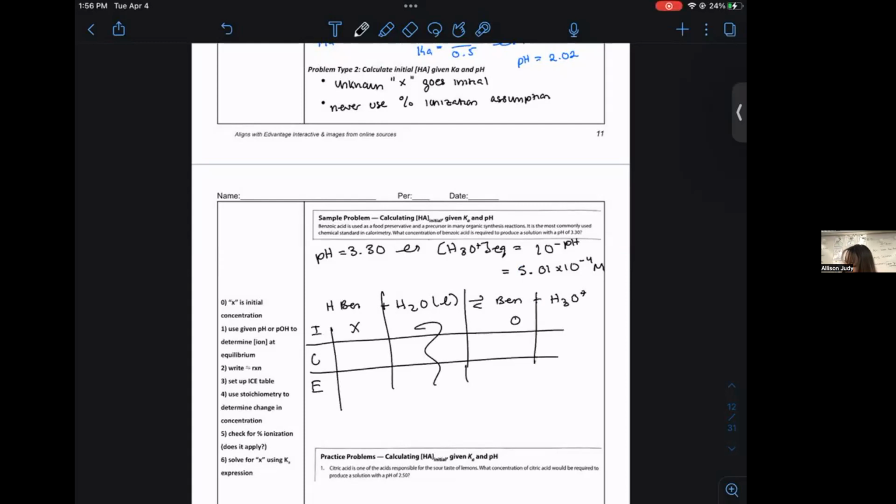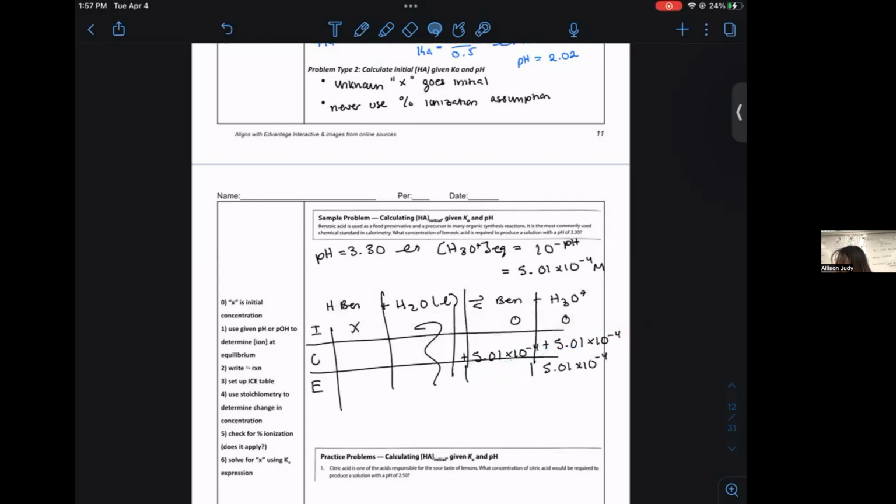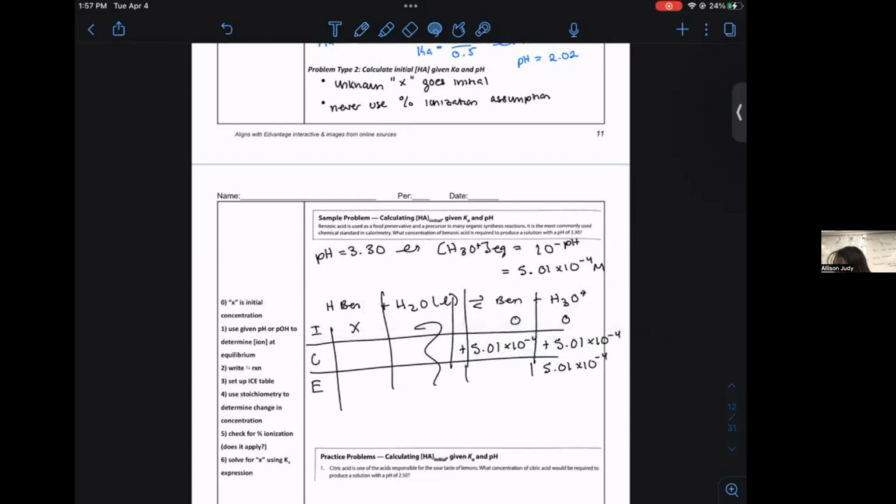Obviously the products start at 0 and 0. I don't really know much else than that, but I do know the equilibrium of the acid, which is 5.01 times 10 to the negative 4th. And that means I have added 5.01 times 10 to the negative 4th. Stoichiometrically speaking, that means I have also added an amount of 5.01 times 10 to the negative 4th for my deprotonated benzoic form.